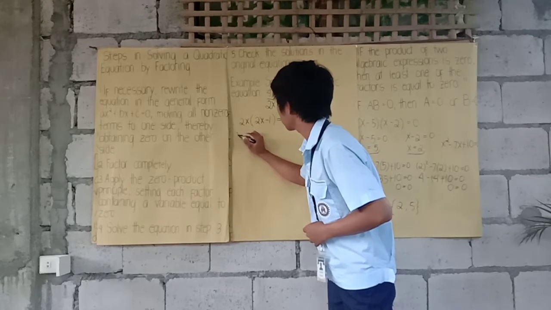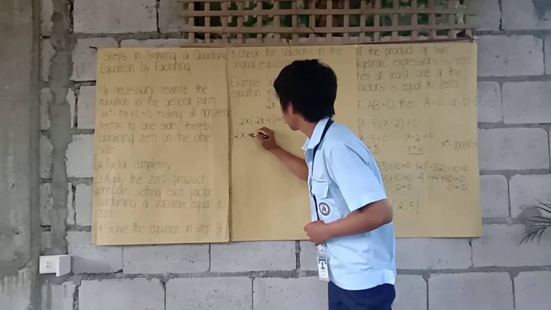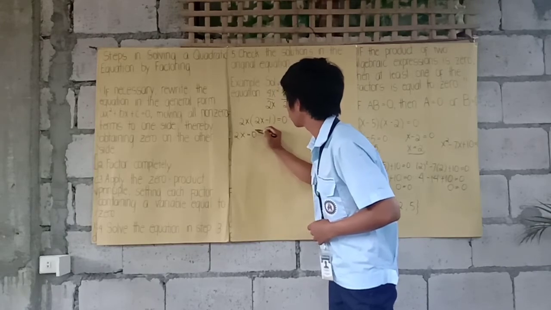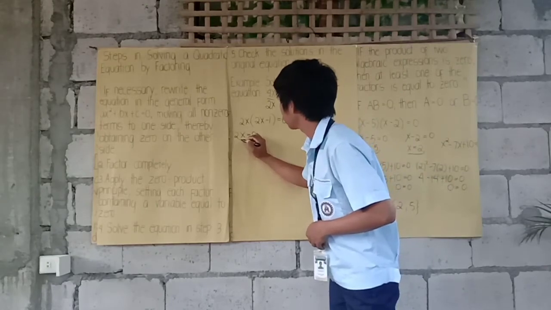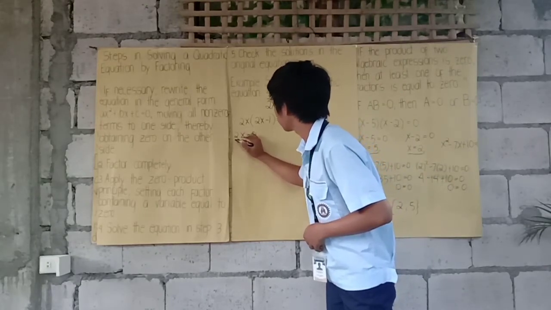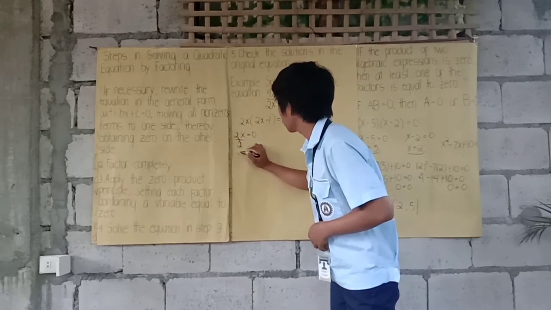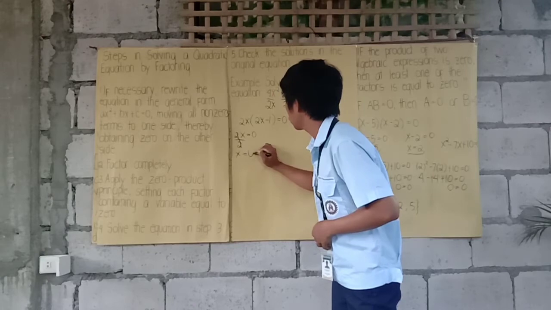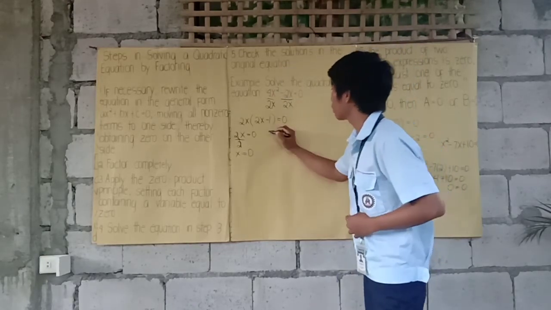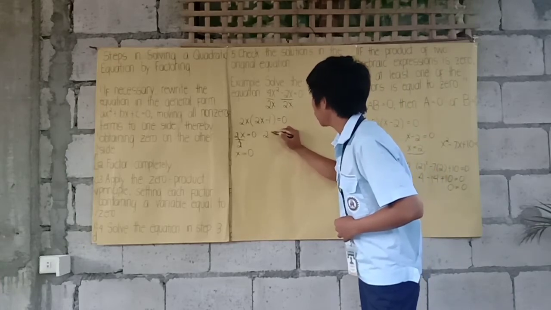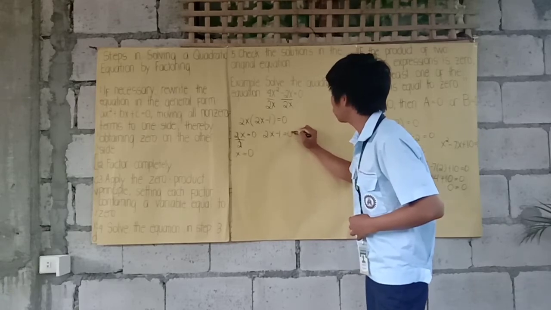So, 2x is equal to 0. So, divide both sides natin by 2. Then, cancel. So, x is equal to 0. So, yung isa naman, yung 2x minus 1 is equal to 0.